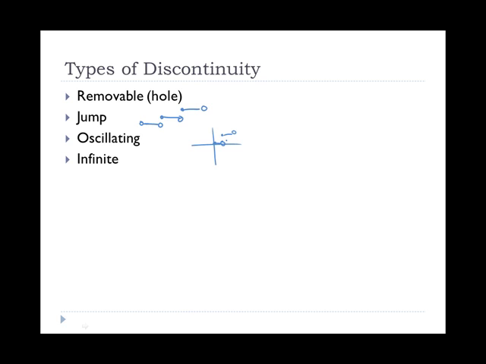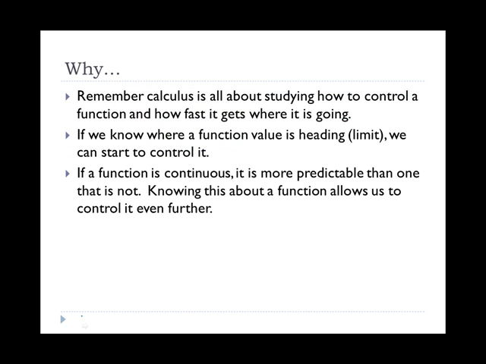Okay, so remember I said there were two questions, and we've actually answered one of them, and that is how to determine where a function's going. And we can determine that by looking at its limit, its function values, and its continuity. And once we do that and we have an idea of where it's going, the next discussion is going to be how fast is it getting there.